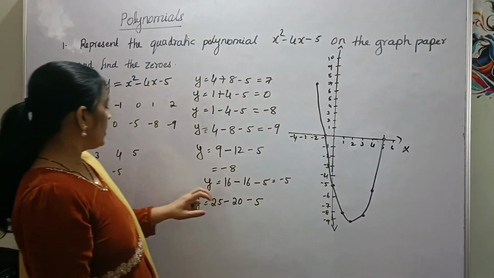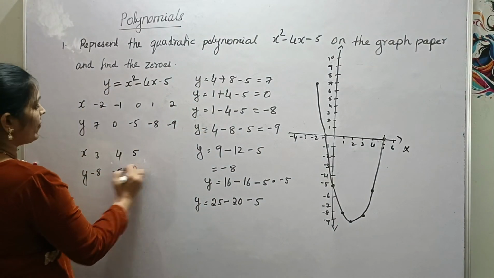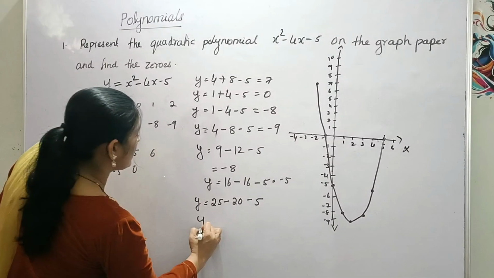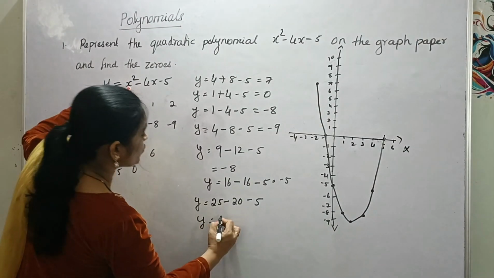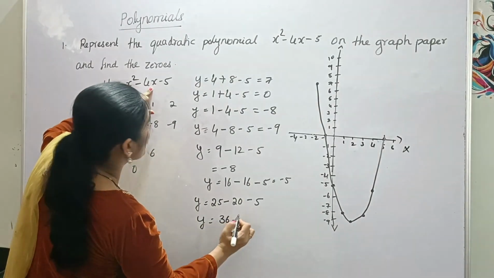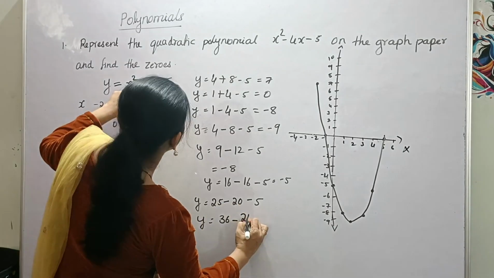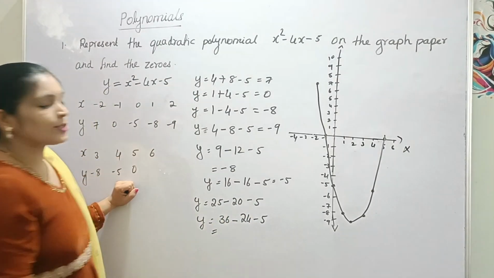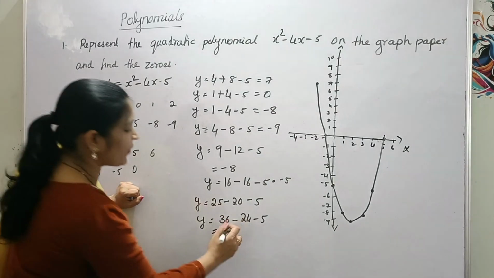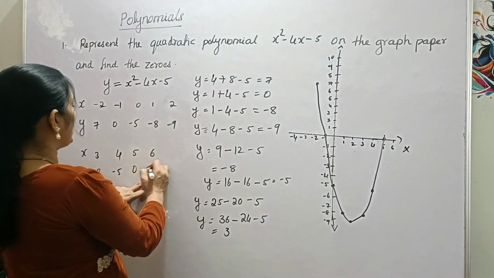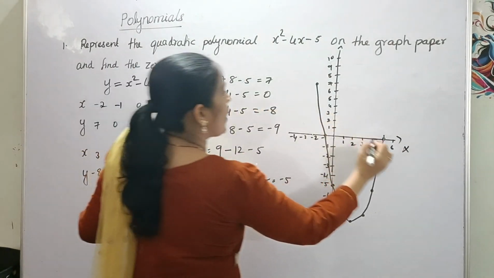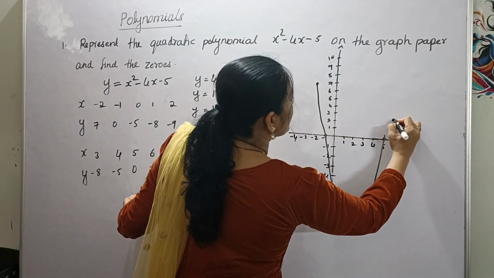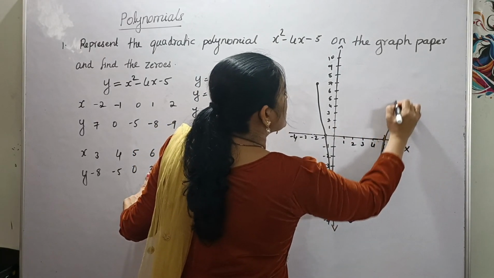After that, when x is equal to 6, y is 6 square 36, minus 4 into 6, 24, minus 5, that is 36 minus 24, 12, 12 minus 5, 7. So when x is equal to 6, y is 7. So now we can stop it.